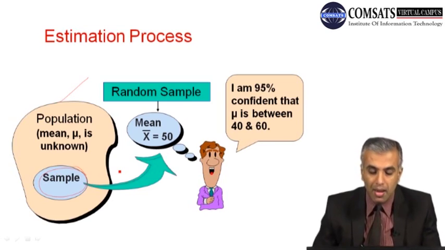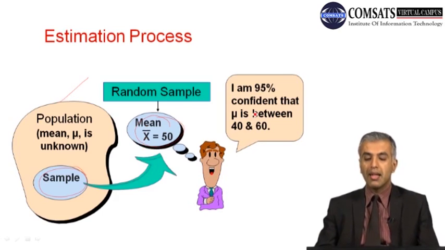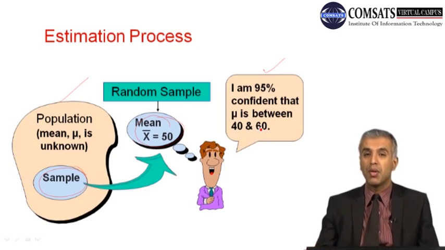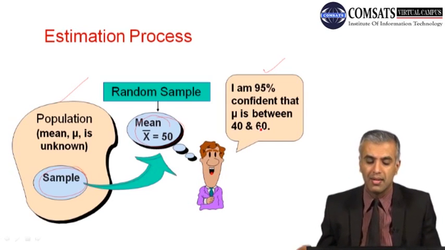The sample mean was found to be this. By applying the confidence interval formula, we can say we are 95% confident that the population mean is between 40 and 60.